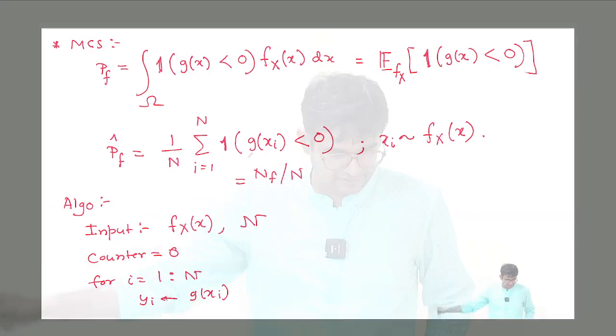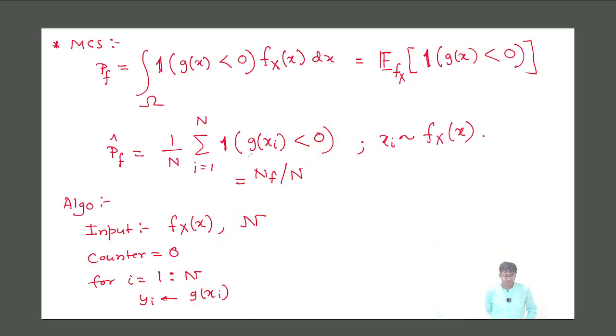Now, will you agree with me if I say that this P f hat is an estimator of P f? To agree, you first have to know what an estimator is, right?